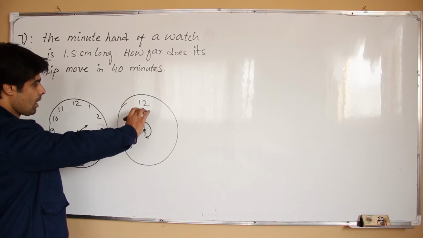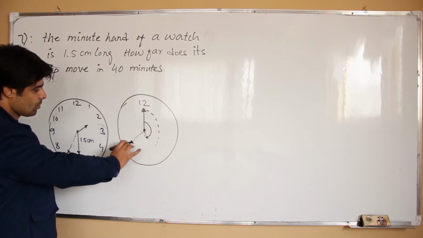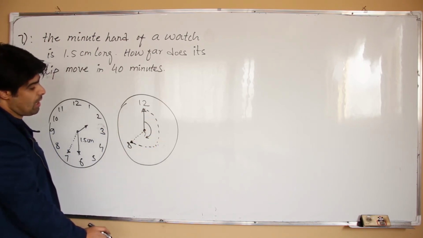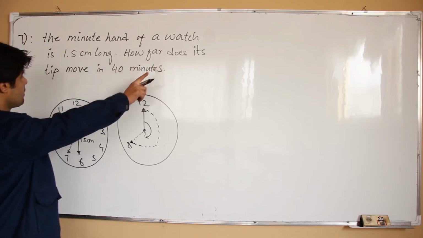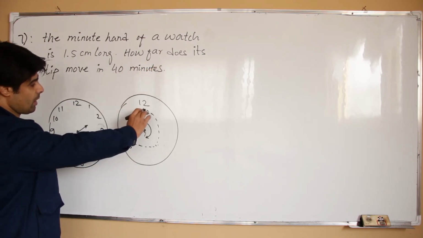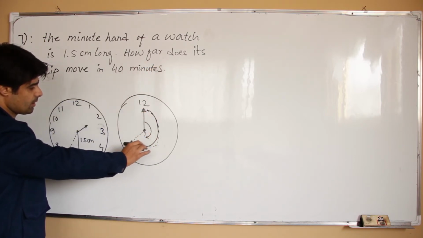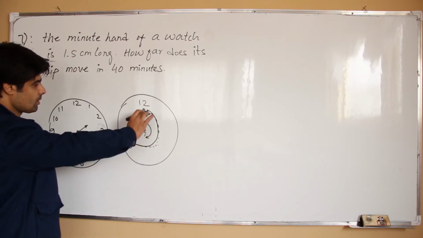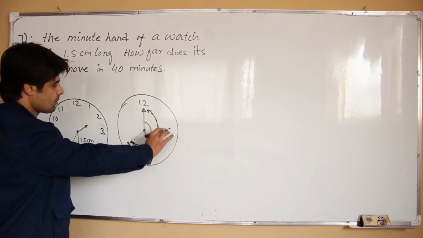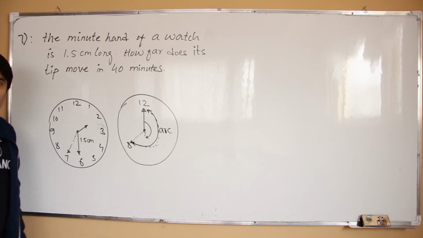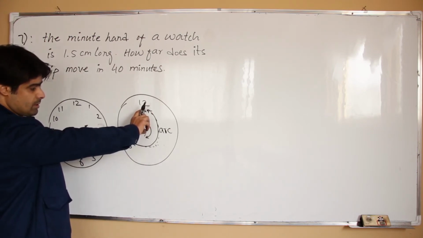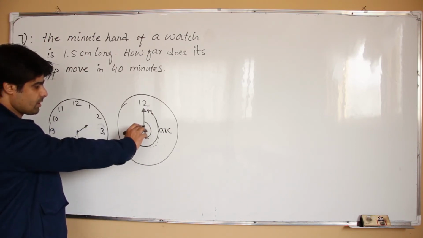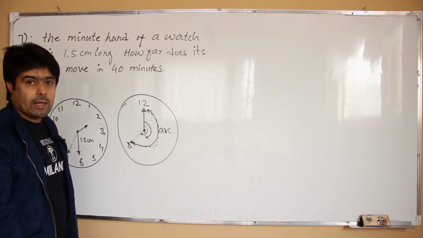Now, how far does this one move? You have to find this arc. It is like a radius. We have to find this angle, then we are able to find the arc.